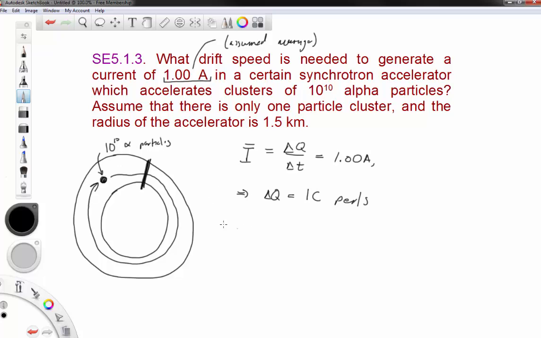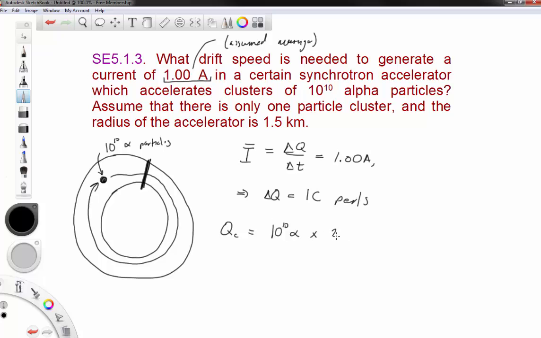So how much charge is in this cluster? Well, Q for the cluster is equal to 10 to the 10 alphas times, basically, what an alpha particle is: a helium nucleus stripped of all its electrons. So it's basically 2 protons and 2 neutrons.